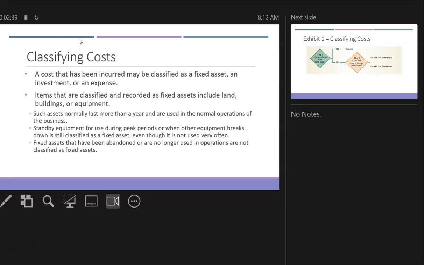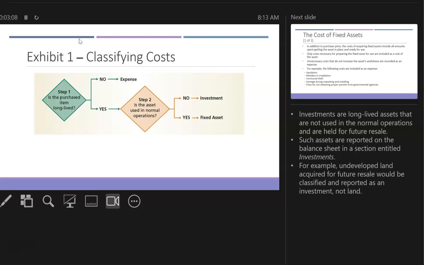They need to last more than a year, and they're used in the normal operations of the business. Standby equipment for use during peak periods or when other equipment breaks down is still a fixed asset. Fixed assets that have been abandoned or are no longer used in operations technically are not classified as fixed assets.